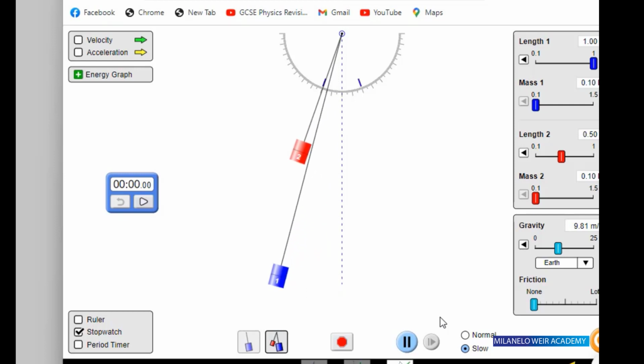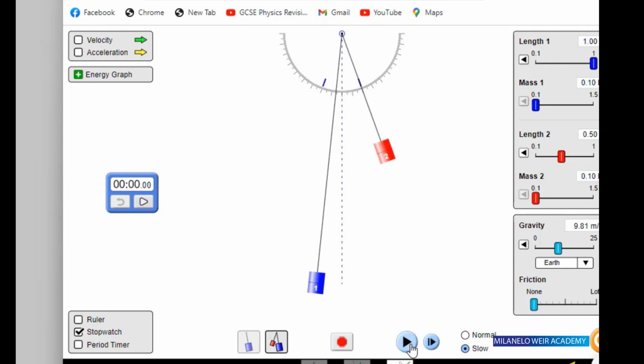It's coming back because the string is short. Oh, it has arrived. I stopped the swinging because red has arrived, because it has a shorter string, right? The length of a pendulum has an effect.